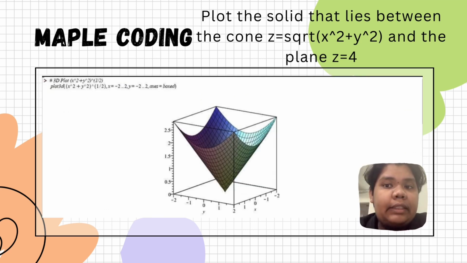So first, from the Mat491 software, I give the command plot 3D, where our first equation is the square root of x squared plus y squared, and the range of x is -2 to 2, and the range of y is -2 to 2, and style equal to box. So with this command, we get the shapes.